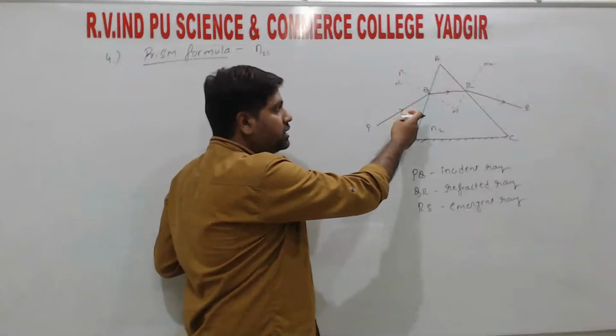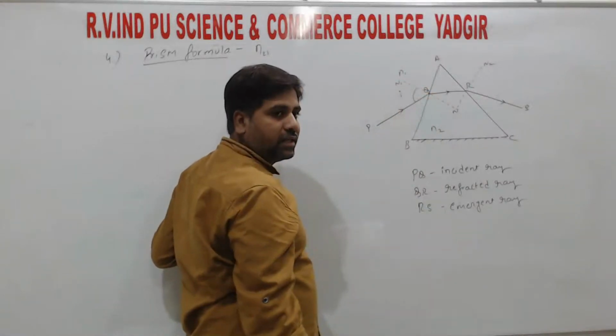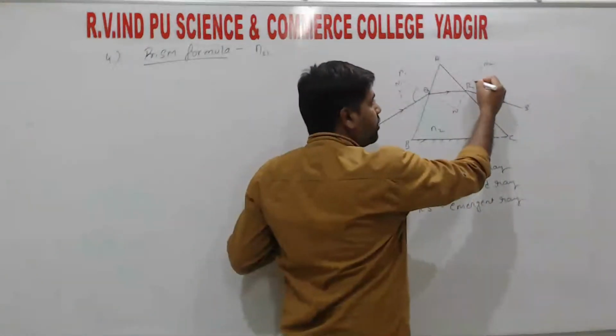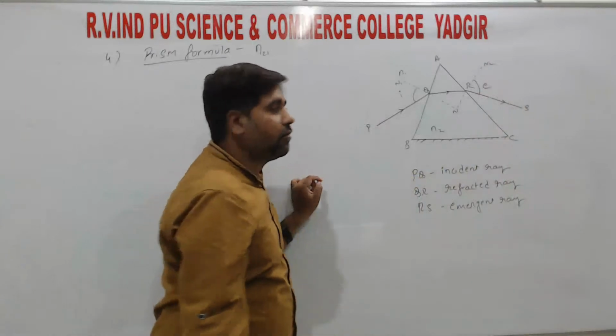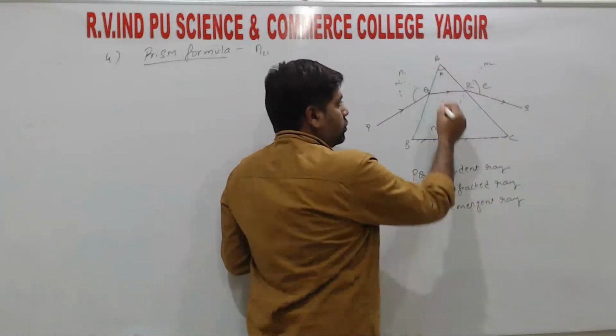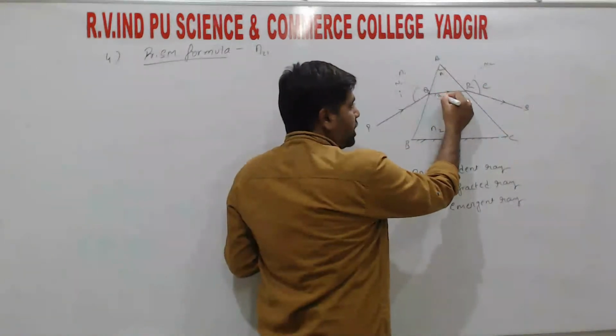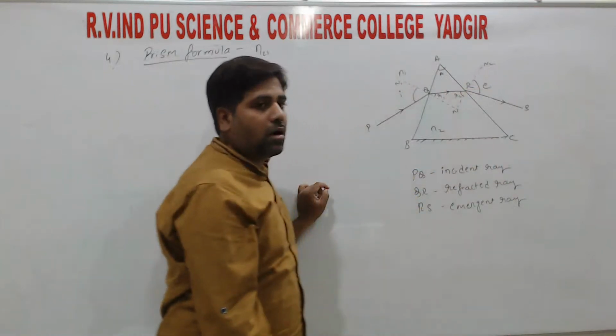So the angle between the incident ray and the normal we call the angle of incidence. The angle between the emergent ray and the normal we call the angle of emergence, where A is the angle of the prism, right? Here the angle of refraction at the first surface is R1, and the angle of refraction at the second surface is R2.